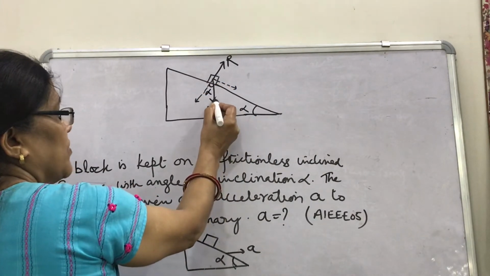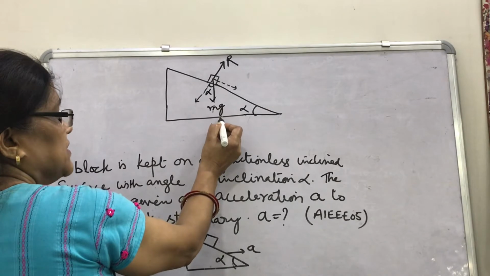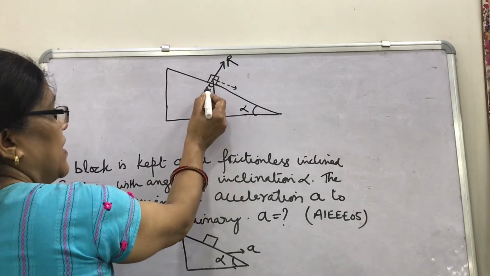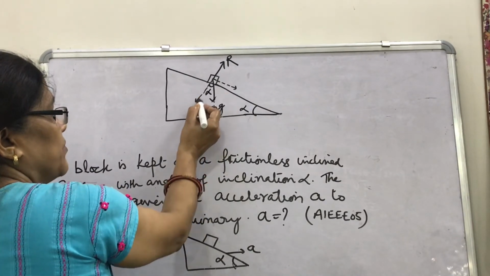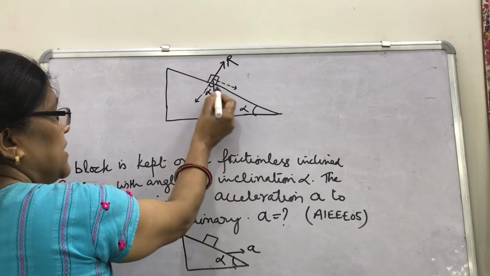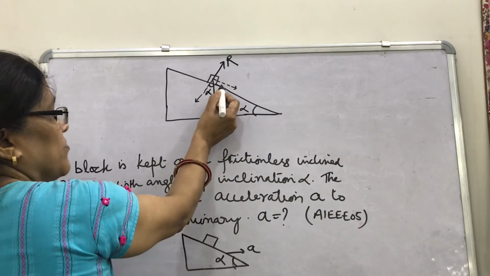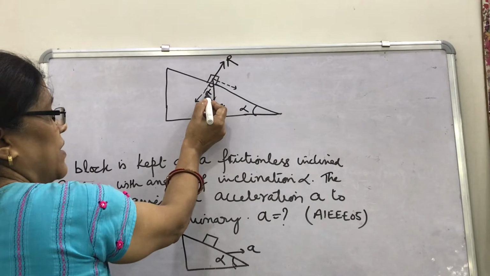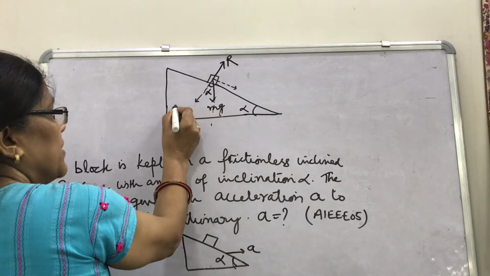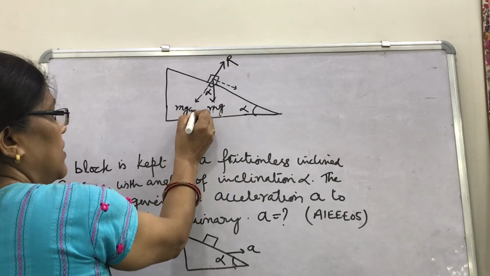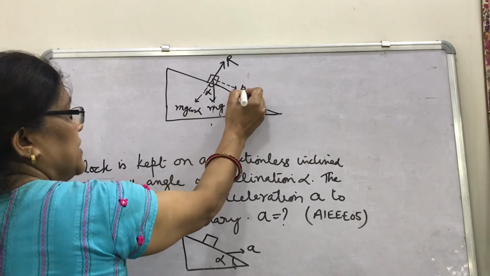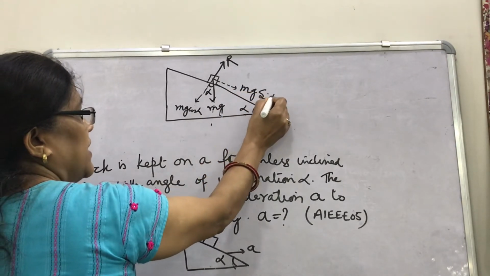Look here, if you complete this 90 degrees, then this is 90 minus alpha, so this will be alpha. So this component is mg cos alpha, and this is mg sin alpha.